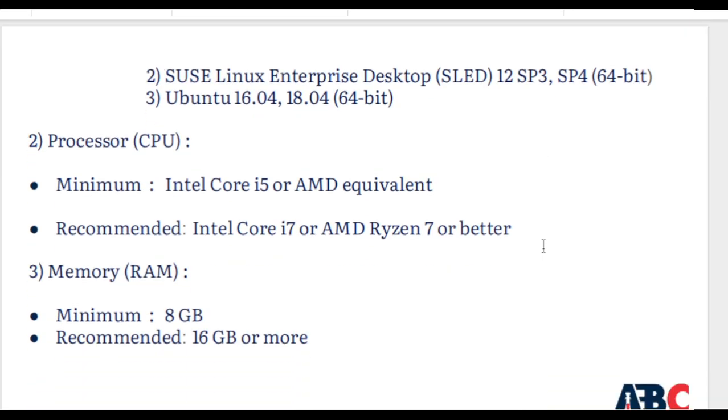Processor requirement for CATIA: minimum Intel Core i5 or AMD equivalent, recommended Intel Core i7 or AMD Ryzen 7 or better. Memory requirement: RAM for CATIA, minimum requirement is 8 GB and recommended 16 GB or more.